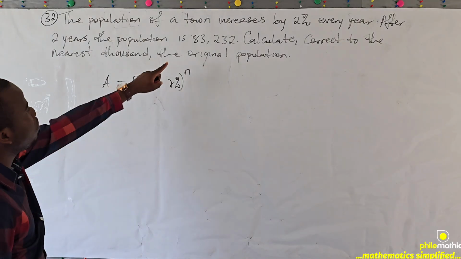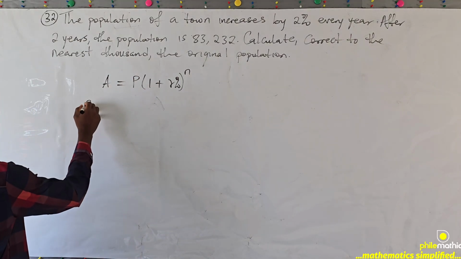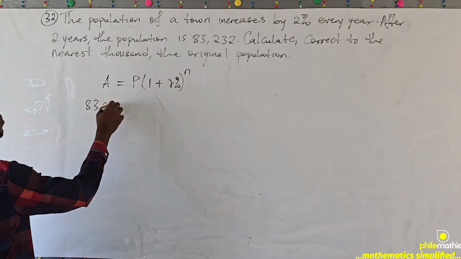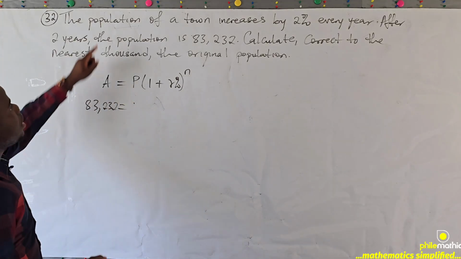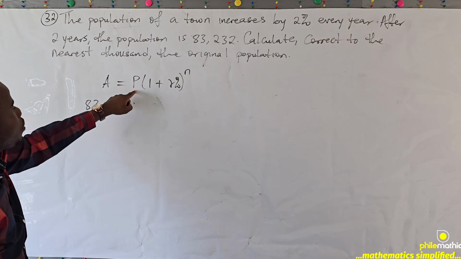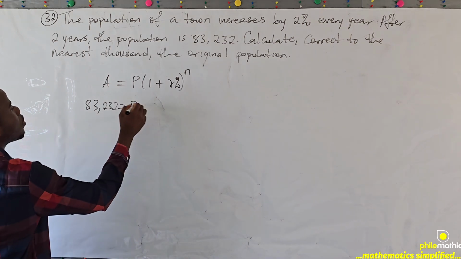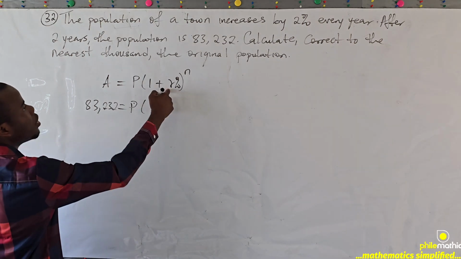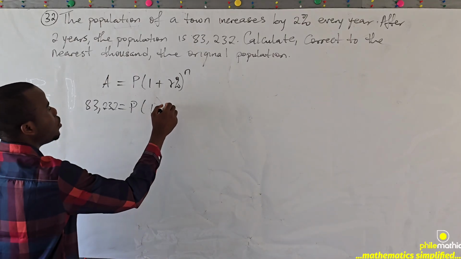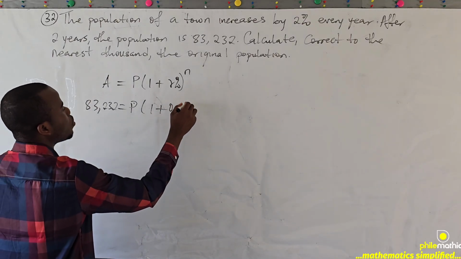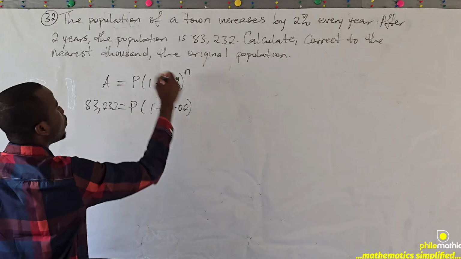So we are given the amount, which is 83,232. The principal is what we are looking for, which is the initial original population. 1 plus rate in percentage is 2 over 100, which is 0.02, raised to power the number of years, 2.